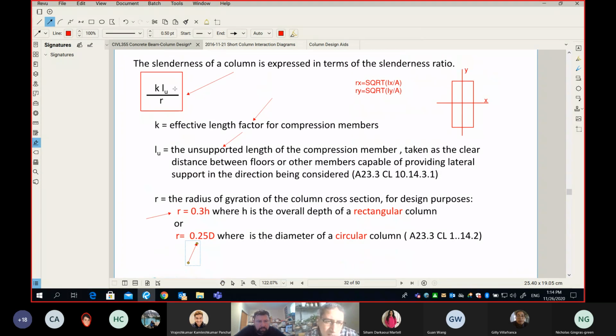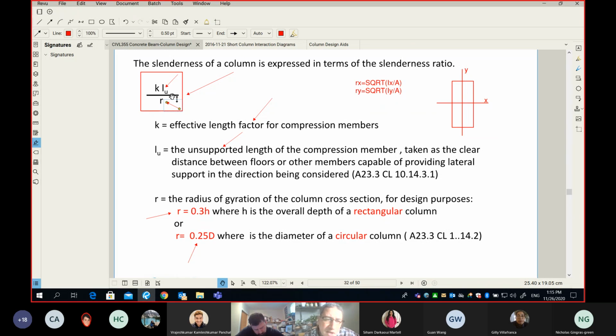Remember the units. Please pay attention to this. The L is an unsupported length, which means the units are millimeters. And the radius of gyration, look at the name, radius of gyration, so it looks like it's a distance as well. Even from the equation, I is millimeter to the power 4, and if you divide it by the area, which is millimeter squared, and take the square root, then rx or ry will be in millimeters.